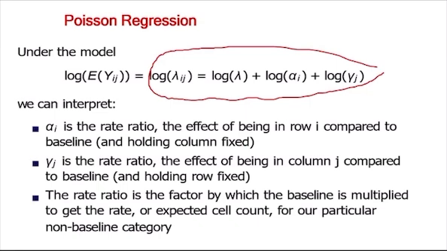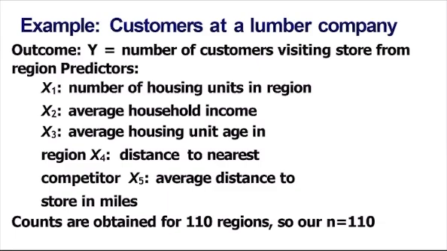But I quickly want to walk you through an example. For instance, if I want to model the number of customers visiting a store from a region in relation to some predictors, like the number of housing units in the region, average household income, the average housing unit age, the distance to the nearest competitor, and the average distance to stores in miles.